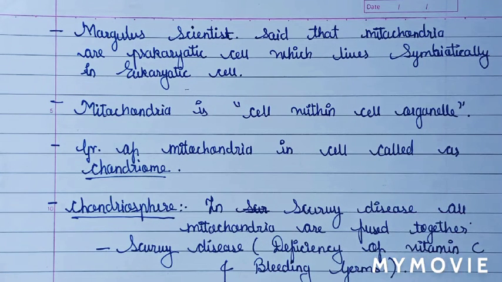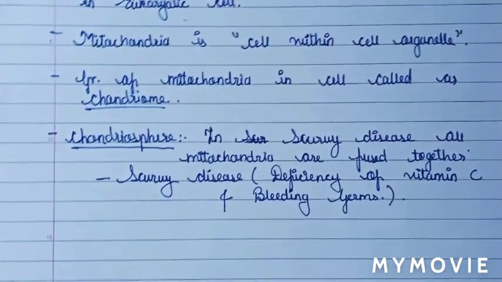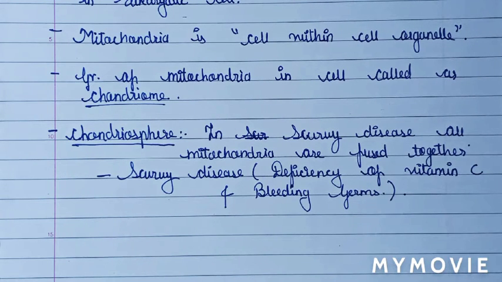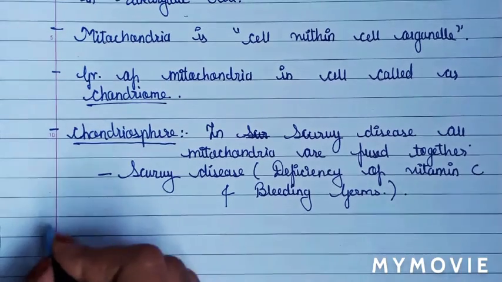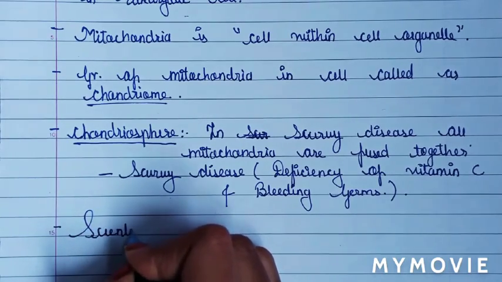Now, in the last topic we are just going to say about two scientists, Hershey and Margit, who discovered mitochondrial DNA. We have talked about many scientists who have given other terms to mitochondria, but Hershey and Margit are the two scientists who discovered the mitochondrial DNA.